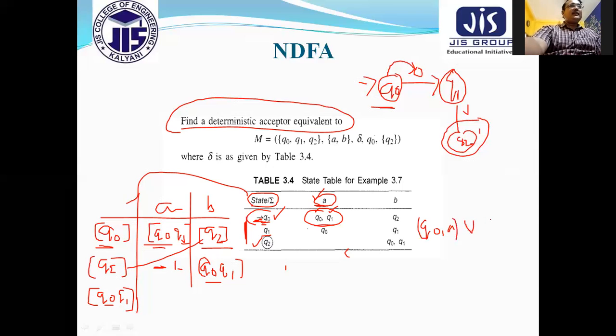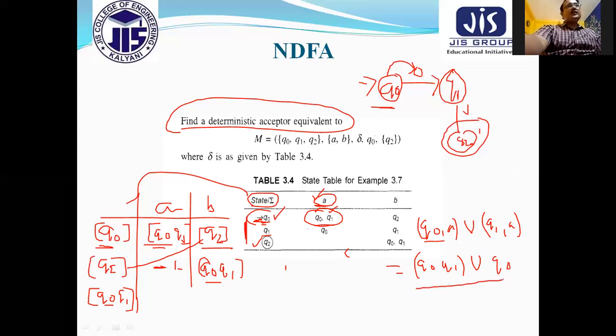We have to write the union of Q0 A and Q1 A. Q0 A, where can you go? Q0, Q1 we have written. Union Q1 A, where can you go? Q0 is written.